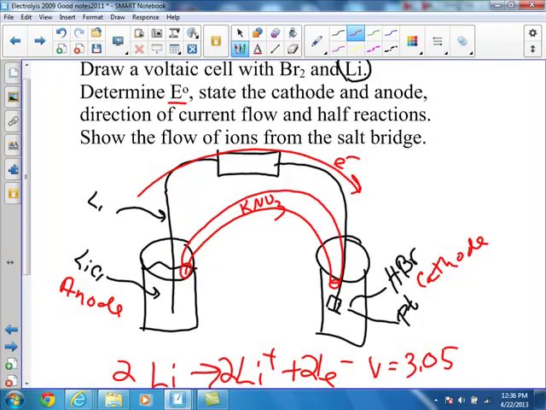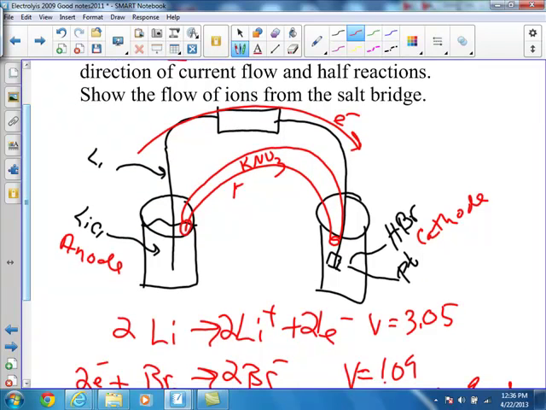And what direction are the ions going to flow from the salt bridge? Did we talk about that? No, but I was hoping you read about it. Well, you do need to think about it because you have K+ and NO3 minus as your salt bridge.